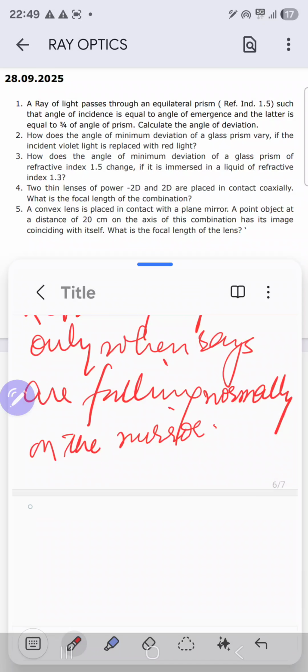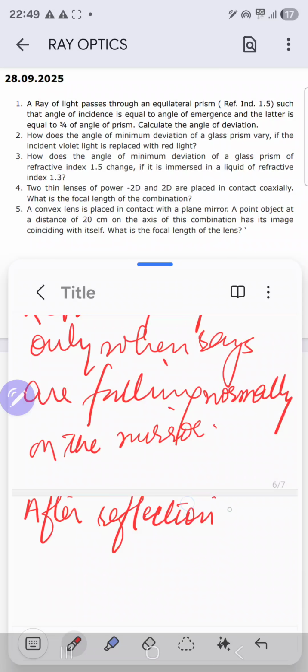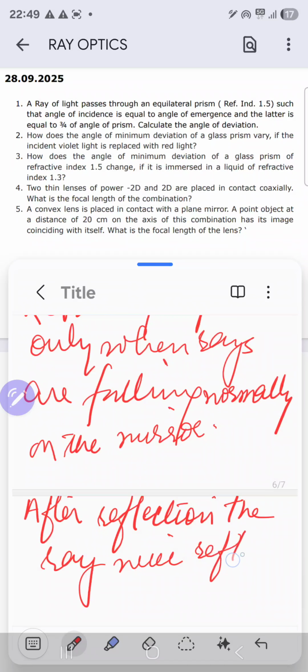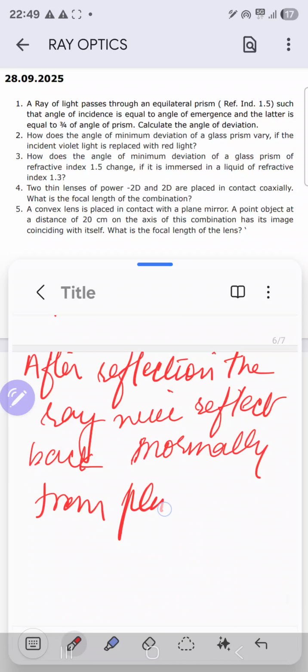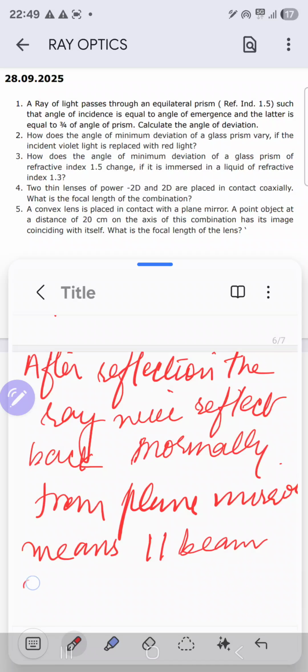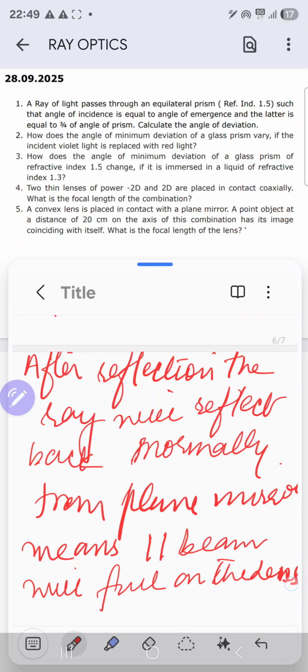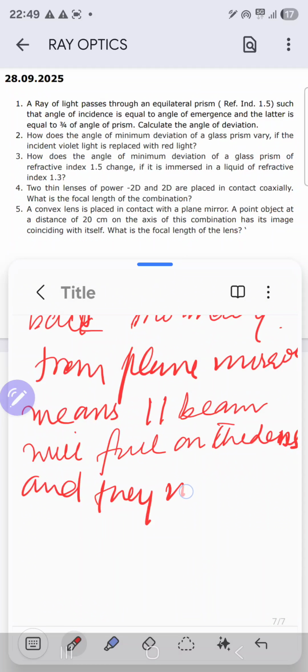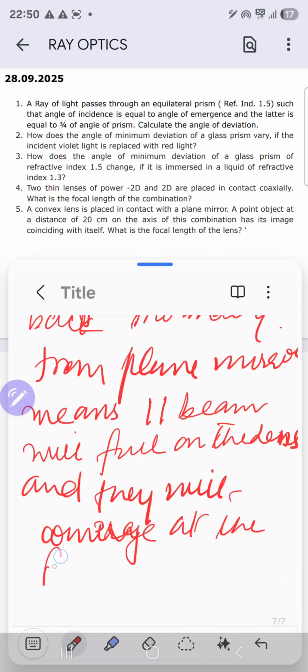So when they are falling normally, after reflection the rays will reflect back normally from the plane mirror, meaning a parallel beam will fall on the lens and converge at the focus.